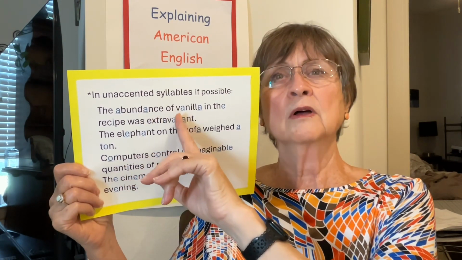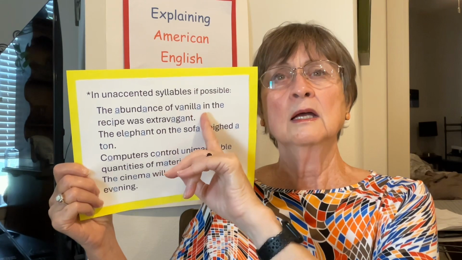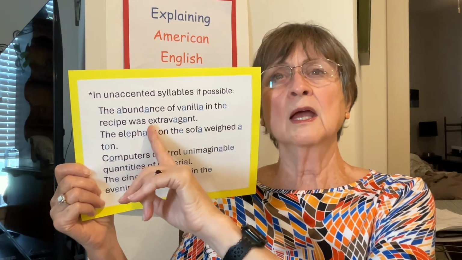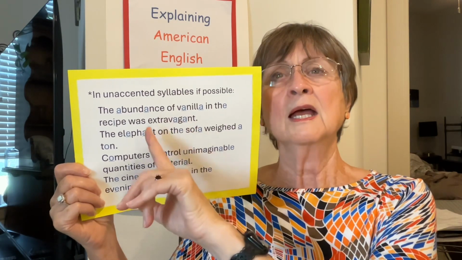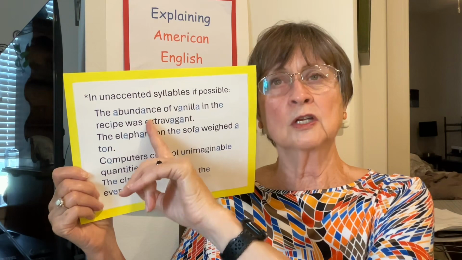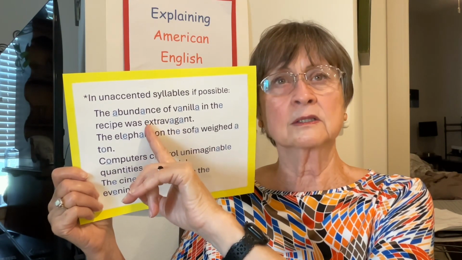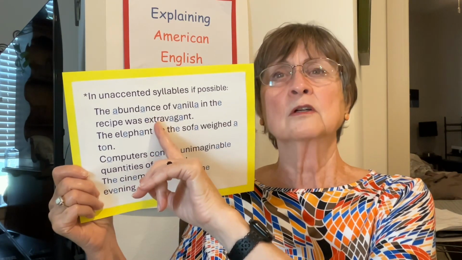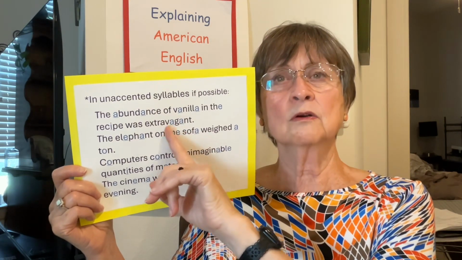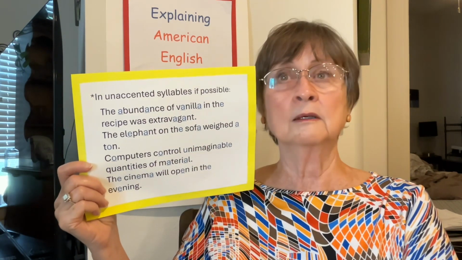For example, the abundance of vanilla in the recipe was extravagant. Trav is the part that's accented, but we couldn't get by with changing this. It has to be X, so I left it alone. Trav is accented, extravagant. These are not accented, so we can use the short U sound.